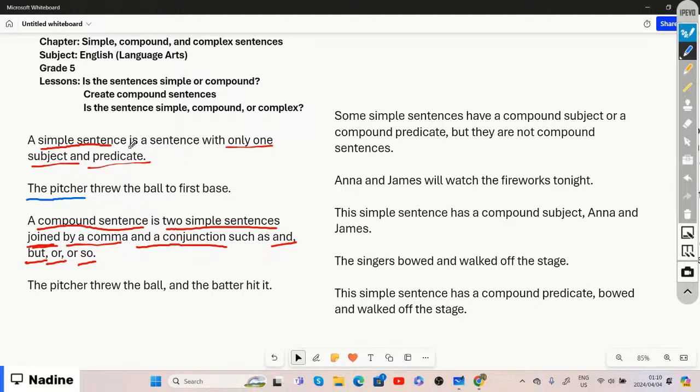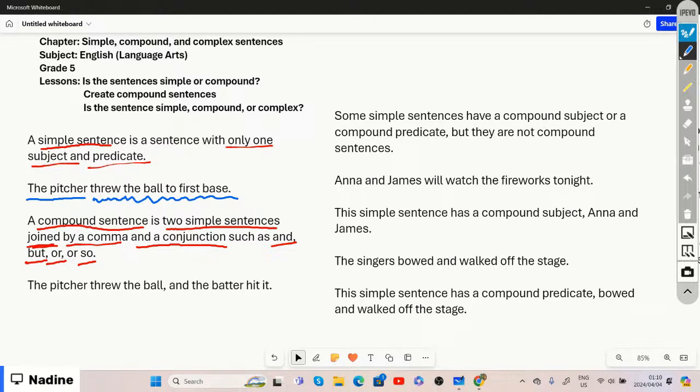But now the predicate. Predicate is the verb phrase that tells us what the subject did. So the pitcher is the subject. So what did the pitcher do? The pitcher threw the ball to first base, and that is our predicate. So we can say it's the verb phrase, or the part of that sentence that shows the action that the subject is doing.